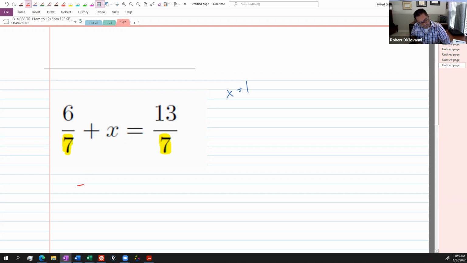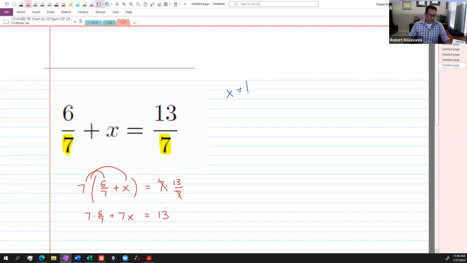So I multiply the left hand side by 7, 6 over 7 plus x, equals 7 times 13 over 7. I distribute through. That gives me 7 times 6 over 7 plus 7x equals, these 7's cancel and I get 13.